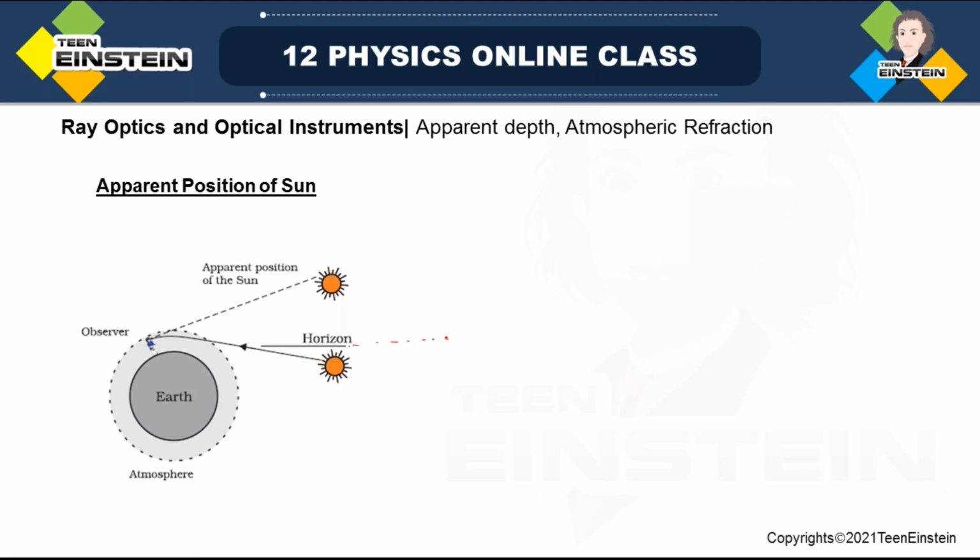Actually the sun is always there, but when the sun goes below the horizon, it will not be visible to the people on the earth planet. And when the sun is above this horizon, then people can see the sun from the earth surface. I'll just repeat it.